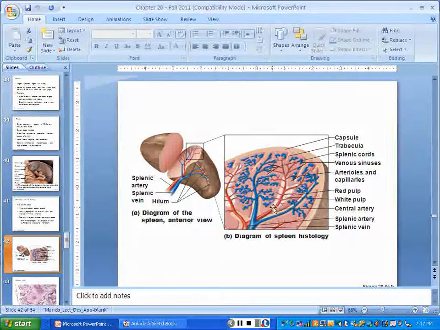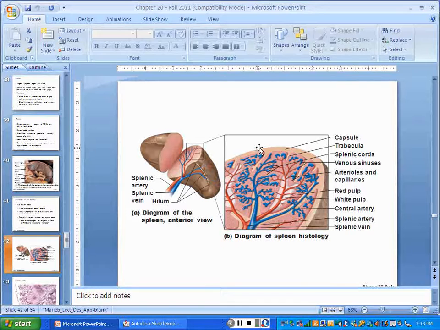Commonly, the white pulp consists of lymphocytes, and the red pulp is close to the sinuses, and that's where more of the macrophages love to hang out. Macrophages love to hang out in the red pulp. And the spleen is made to destroy red blood cells.